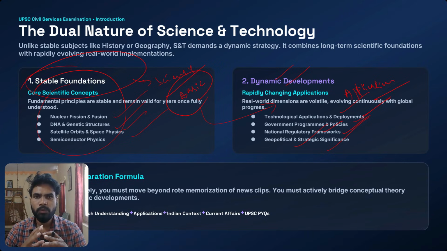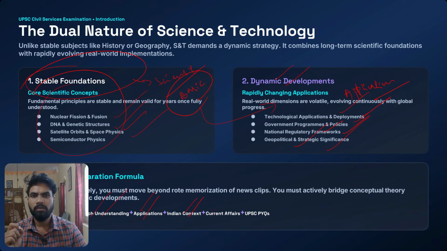So if you have to take a cue as to how we have to prepare for this course, we have to have a scientific foundation, then we have to have technological understanding, then we have to see the applications of the technology, then we have to understand the technology in the Indian context.